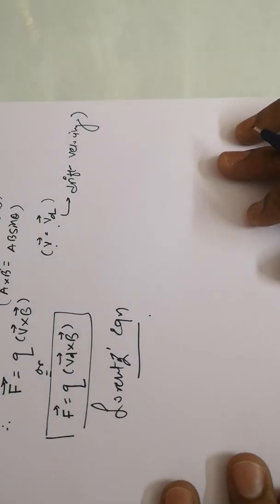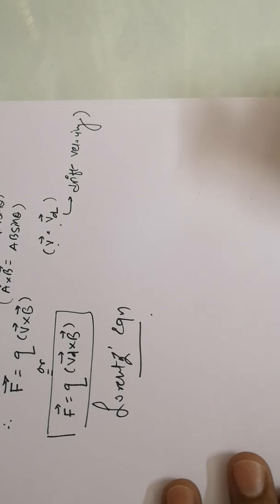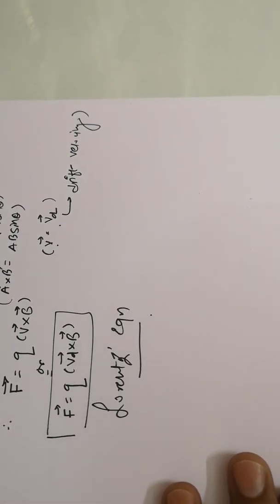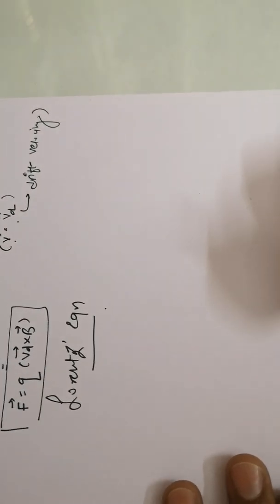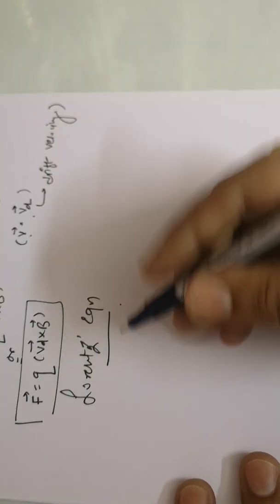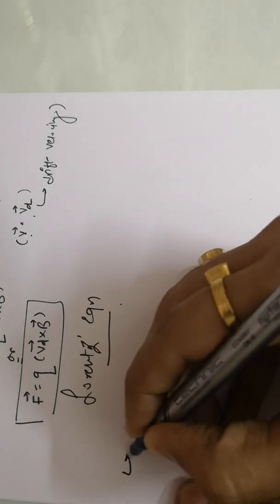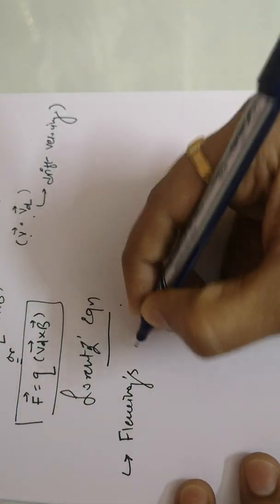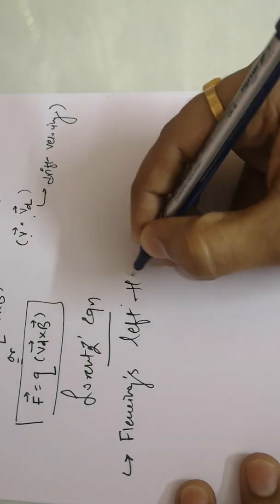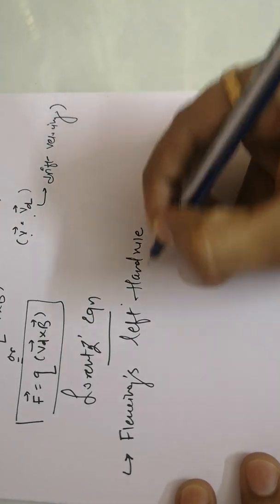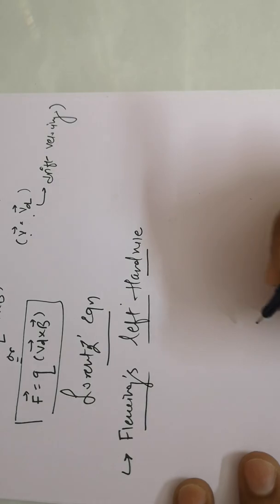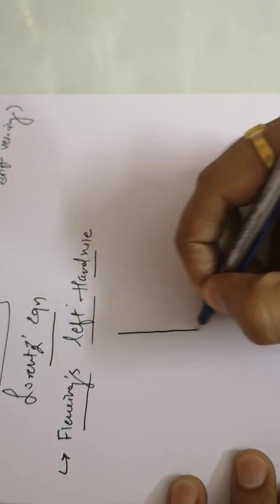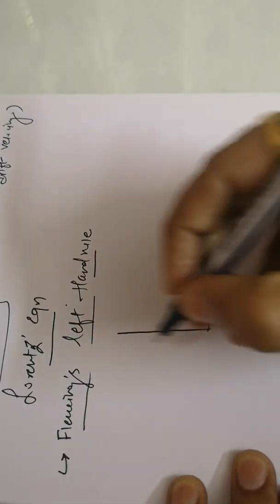With the help of the Lorentz equation you can learn what amount of force, or in which direction, the force has been applied. With the help of this notation you can apply a rule called Fleming's left hand rule. Fleming's left hand rule suggests force, field and current notation.